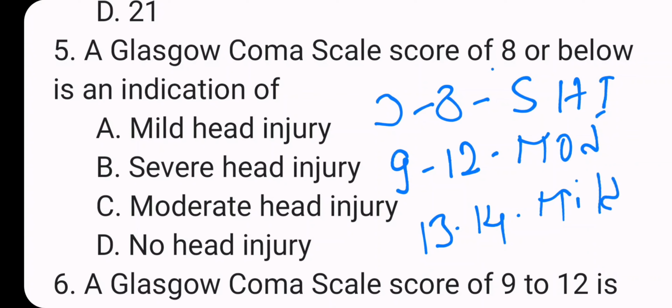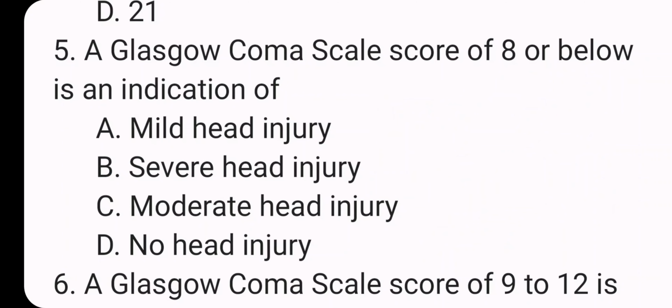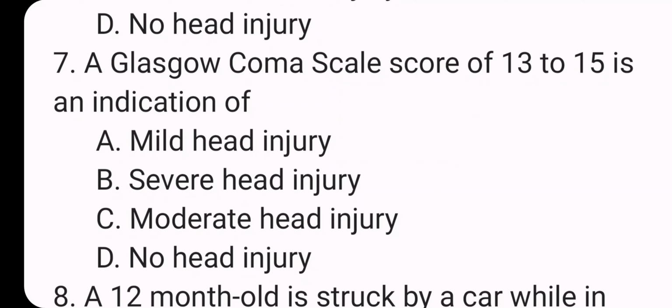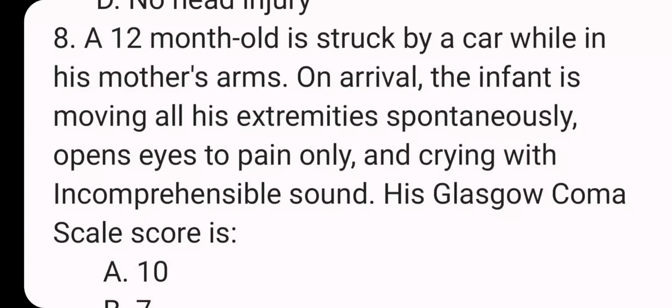So 8 or below means severe head injury. The right answer will be B. Next: a Glasgow Coma scale score of 9 to 12 is an indication of, already told, moderate. Next one: a Glasgow Coma scale score of 13 to 15 is an indication of, already told, mild head injury.